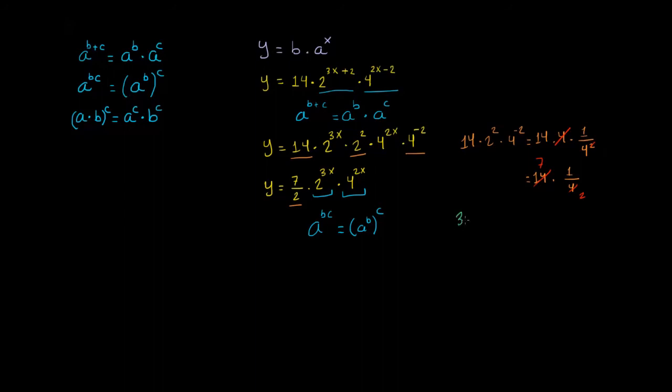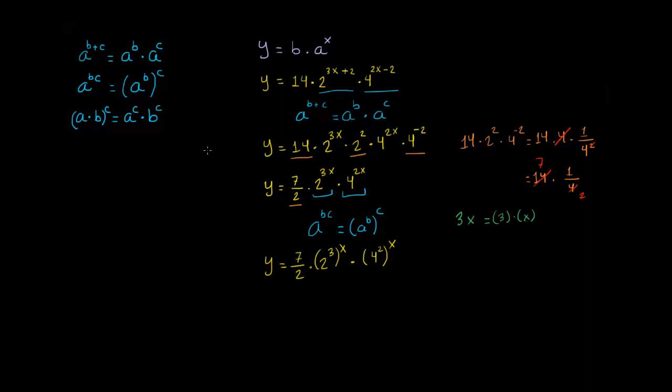If I have 3 times x, I can just split it like this, and that is exactly what I'm going to do in the next step. I'm going to split both exponents like this: 2 to the third raised to the x times 4 squared raised to the x.